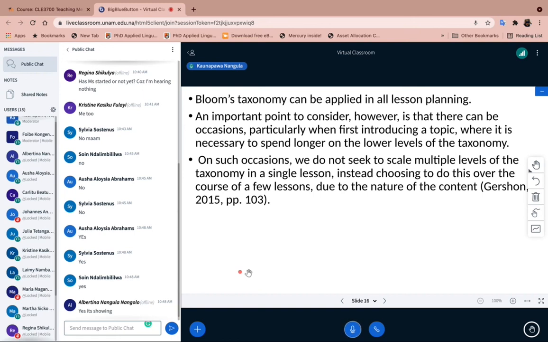That's why sometimes you have a complex objective that you cannot cover within one lesson. You can do it in a number of lessons, and that is acceptable. But don't take too much time on it, so that it affects your presentation and covering all the content that needs to be covered within a certain period. Remember, we are running our lessons based on the scheme of work we have created, and there are a number of objectives within the syllabus that we have to cover by a certain time.